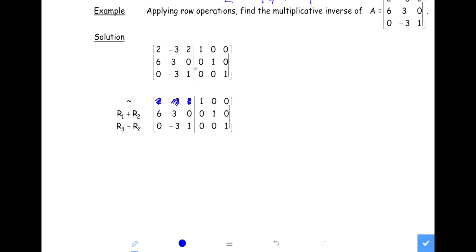I just copied and pasted and forgot to change it. If I do R1 plus R2, I need to have 8, 0, 2, and this is going to be 1 again, because the sum is 1, and this one is 0. I need to get 8, 0, 2, 1, 1, 0 like this.